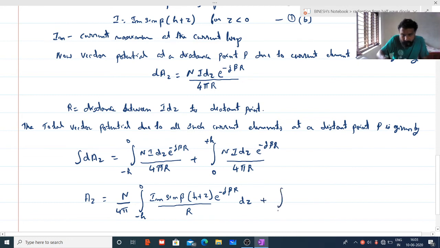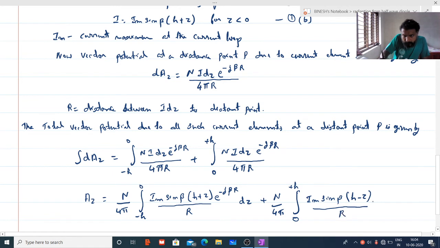Plus the integral from 0 to plus h, again taking mu by 4 pi outside, of Im sin beta (h minus z) by r into e raised to minus j beta r dz.